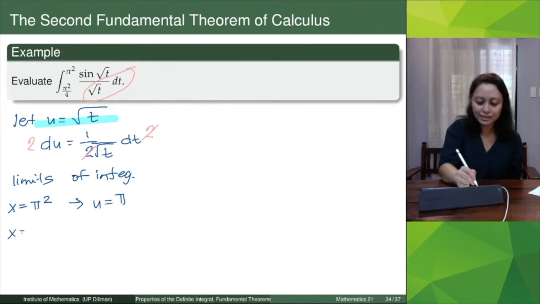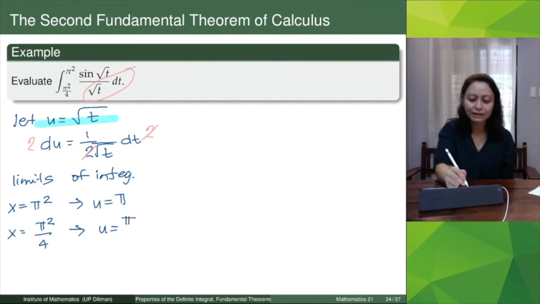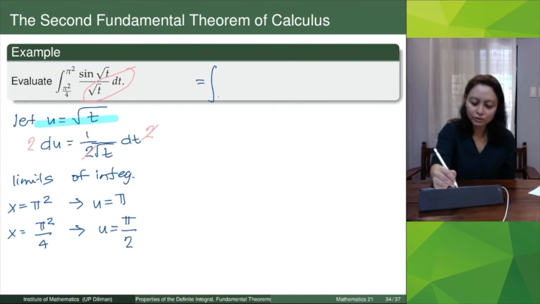If x is pi square over 4, then u is the square root of pi square over 4, which is pi over square root of 4, which is 2. So pwede na natin isulat to. Limits of integration from u equals pi over 2 to u equals pi.